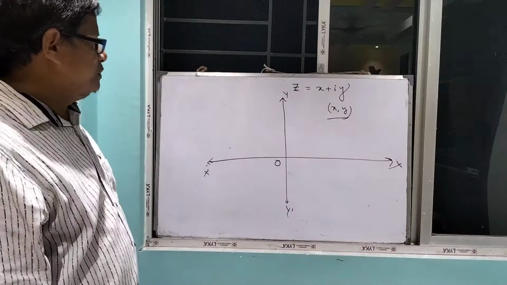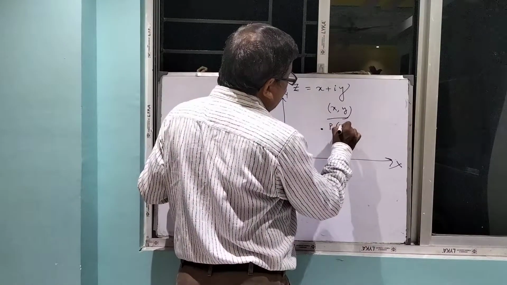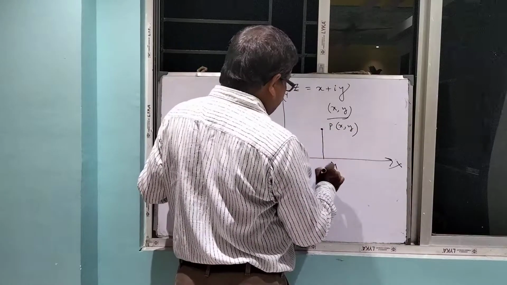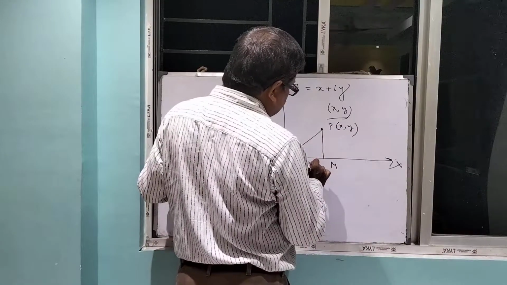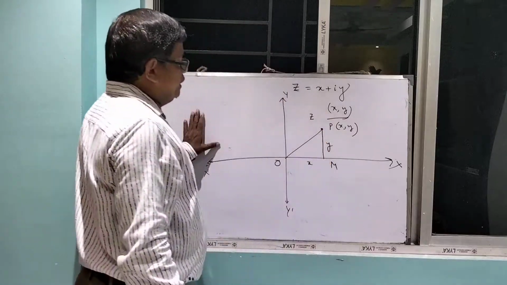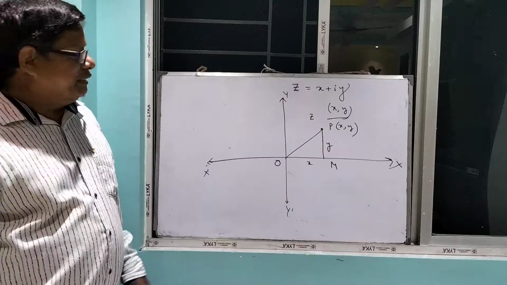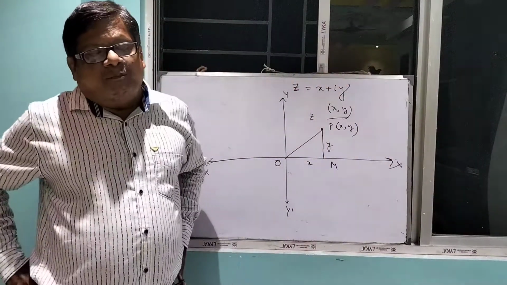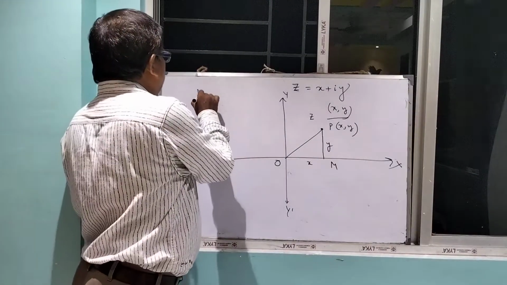Take any point P of x, y, and draw perpendicular PA. This is the origin O. So this is X, this is Y, here Z. Listen to one thing: this axis X dash X is known as the real axis, and this plane is known as the complex plane or Argand plane. Keep it in mind, Argand plane.